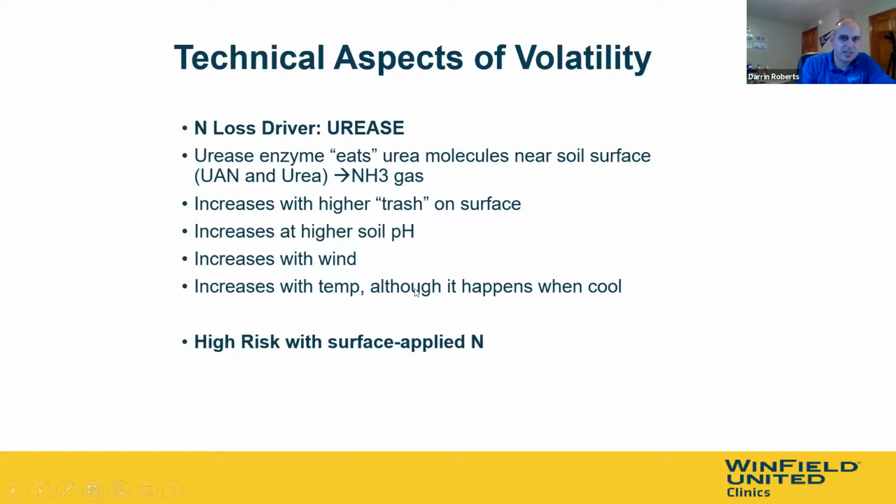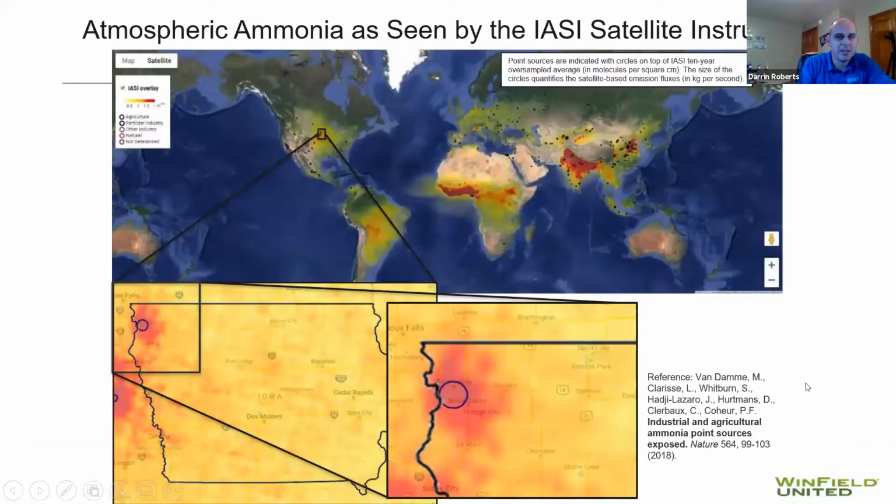See some of the conditions that lead to increased volatility. If we have more residue on the soil surface, we tend to see increased amounts of urease activity in the soil. And so that would lead to increased volatilization. Higher soil pH conditions, higher winds, higher temperatures, things like that can increase volatility.